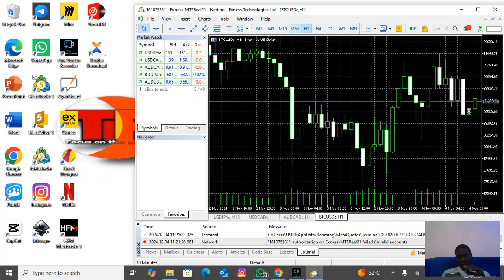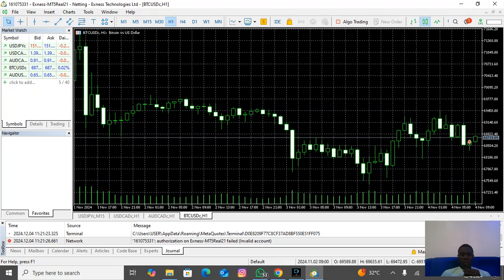Okay, that would be the most common ones, and those would be the ones I'll be explaining. As you can see, this is an indicator, this green vertical lines under this chart. It's called a volume indicator.